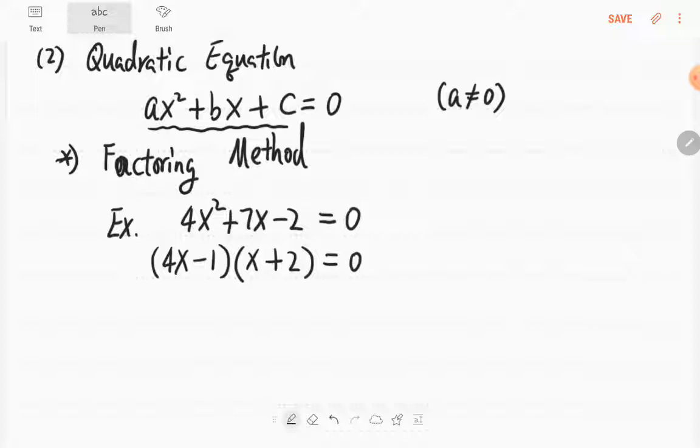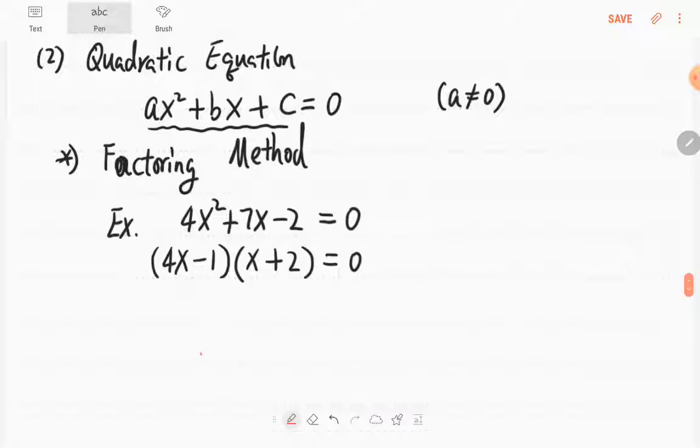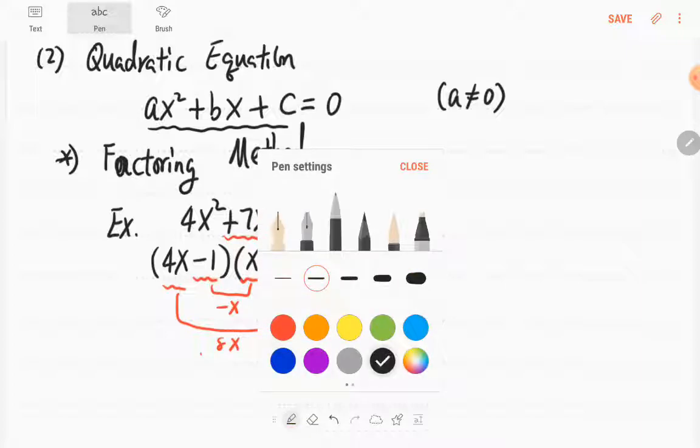We can check it this way. Negative x times x equals negative x, and 4x times positive 2 equals 8x. If you add it together, it becomes plus 7x. So that is correct.